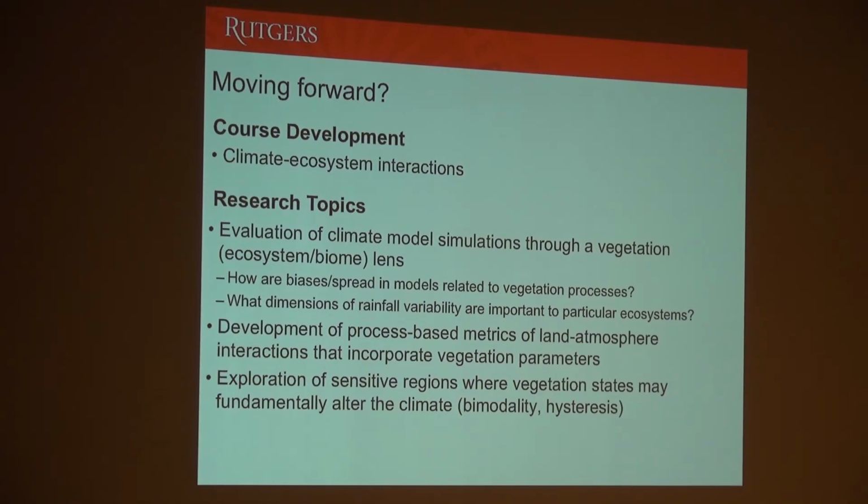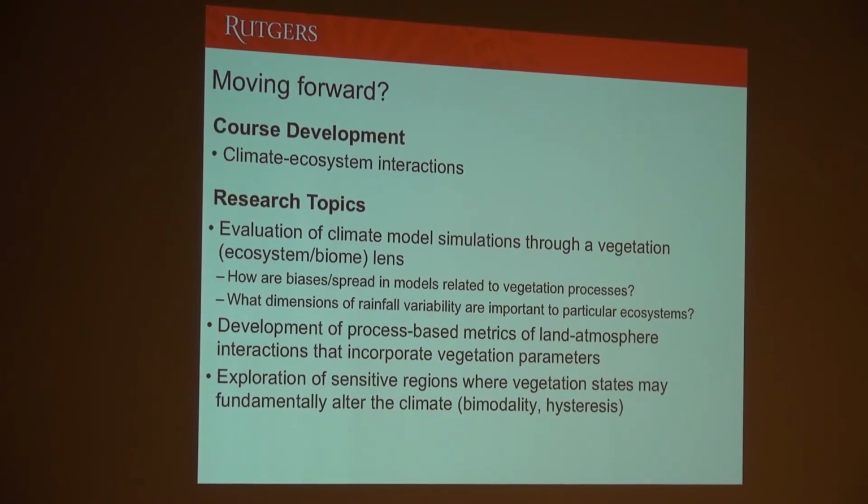I should mention that I think we're at this interesting point in our modeling capacity where we've gone beyond saying that plants are green and they transpire. A lot of the cutting edge in climate modeling is enabling climate models with dynamic vegetation, having vegetation that can respond, so-called trait-based parameterization schemes that allow the vegetation to evolve over time.